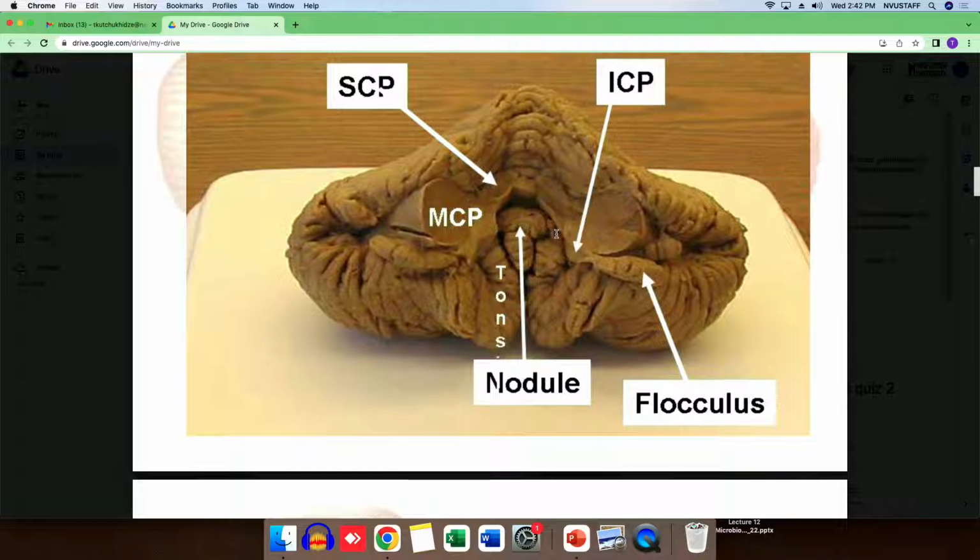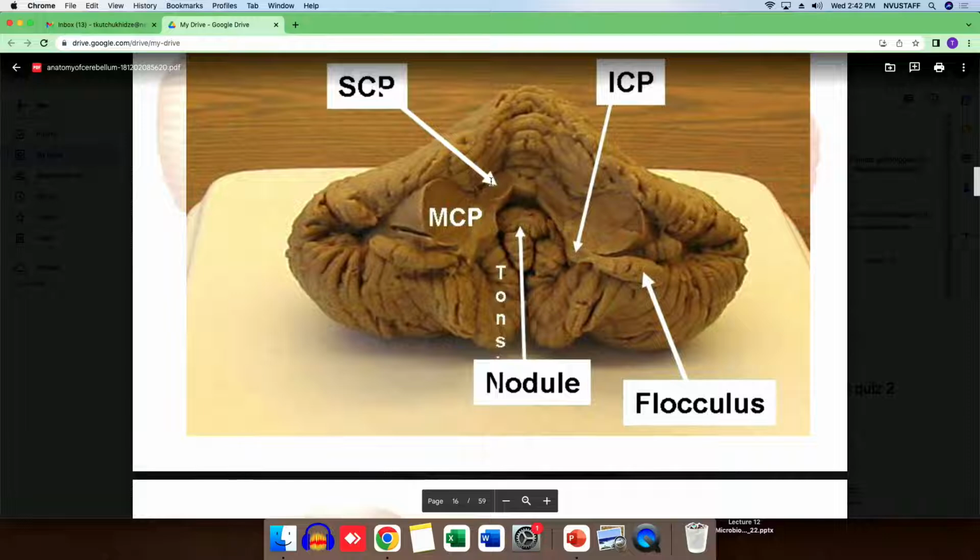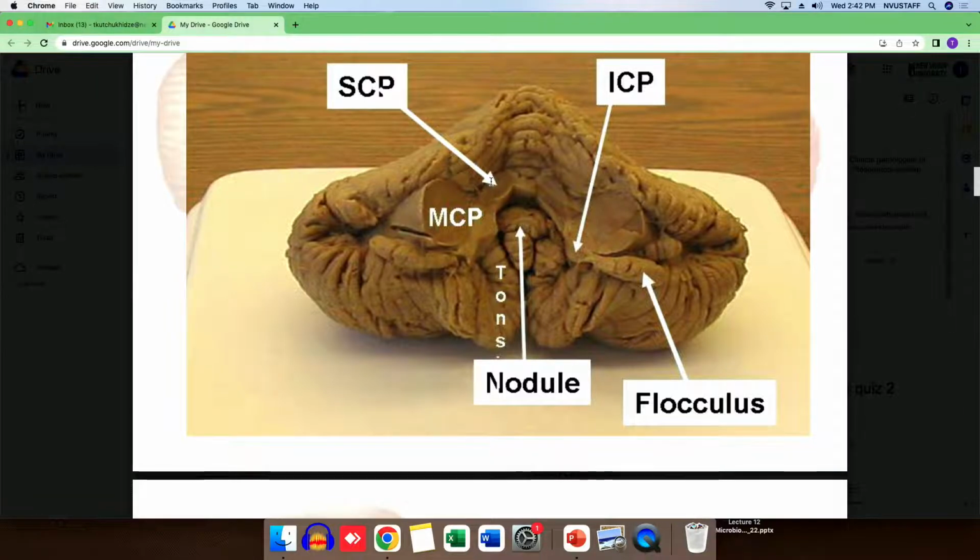And we are having cerebellar afferents, which are coming through, like impulses coming into the cerebellum via the superior peduncles, and they are the ones coming from the fastigial nucleus.